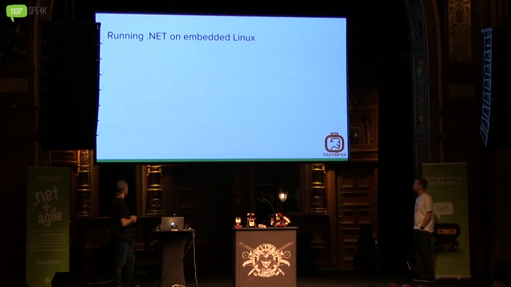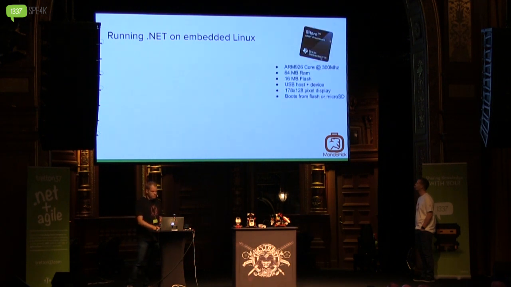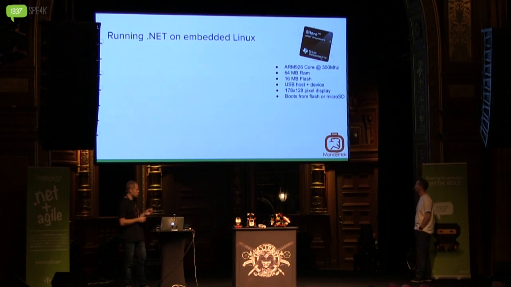Okay, so how do I get the .NET framework up and running on an embedded Linux? Inside the EV3, we have an ARM9 core running at 300 megahertz. We have a decent amount of memory, USB host and device capabilities, and a small monochrome display.